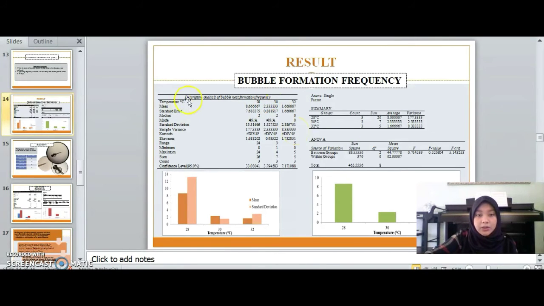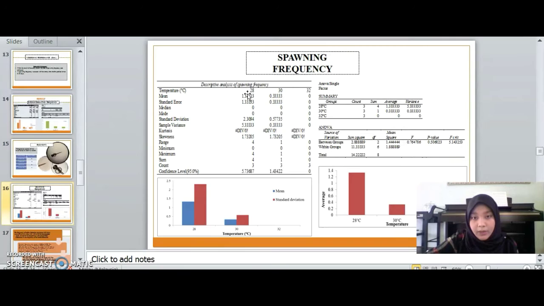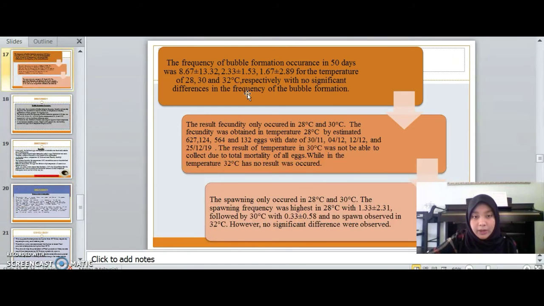As you can see, descriptive analysis and ANOVA were used in this statistical analysis. Okay, for fecundity, it shows in temperature 28 degrees Celsius. And for spawning frequency, as a recap, bubble formation frequency was highest at 28 degrees Celsius.